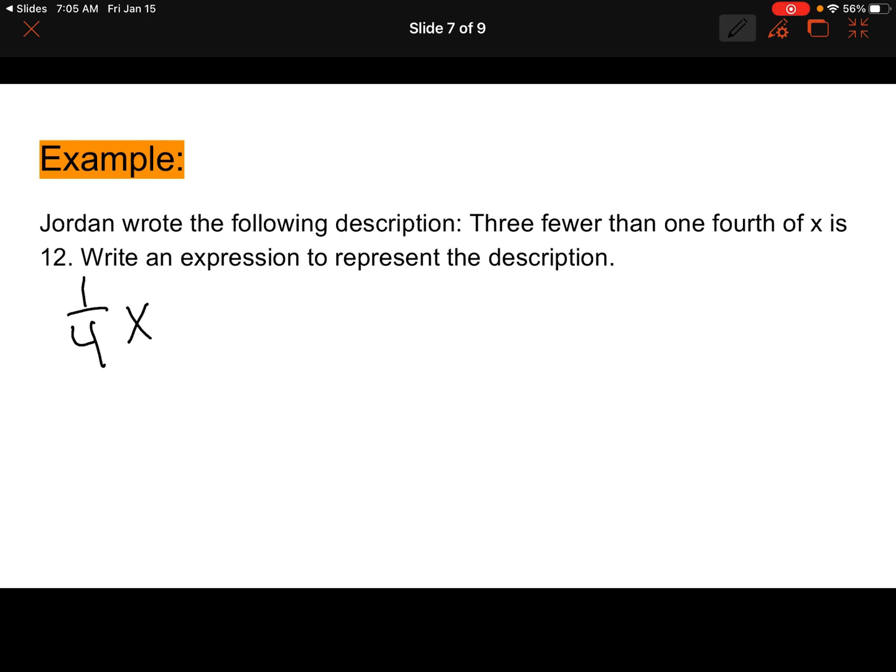So 1/4 times x minus 3 is 12. Is equal to 12, same thing here, so we set up an equal sign and 12. Right now this equation is balanced, so if we were to solve it, we would have to make sure to do what we do on the left side also to the right side. But for now, we're just setting it up, and 3 fewer than 1/4 x is 12 is the same as writing 1/4 times x minus 3 equals 12.